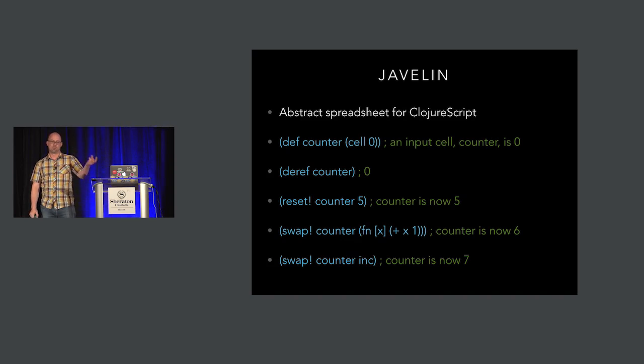Well, because they were getting the value and then adding one to the value, and the value would change before they were able to add to it. And so two people just added one to the number 100 and put it back on the stack there. So these atomic updates prevent that. So that's what swap is doing here. It's saying take our cell and atomically update it, get the value out, run this function on it, and then put that value back in.